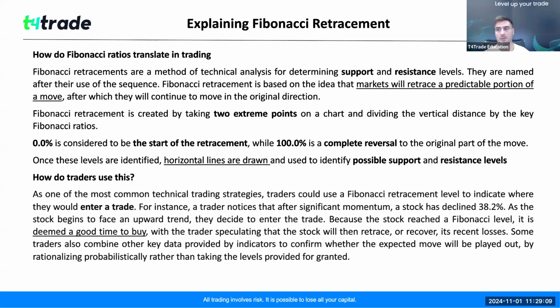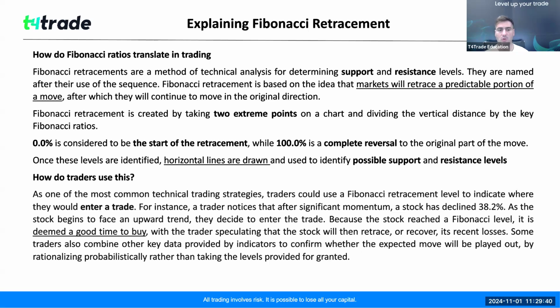So 100% may be the peak of the mountain, and the 0% being the bottom of it, or at least the new higher level that we have descended upon. Once these levels are identified, we have horizontal lines drawn on the chart to identify both possible support and resistance levels.